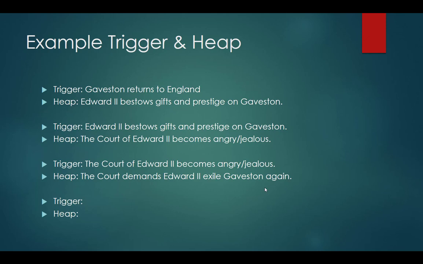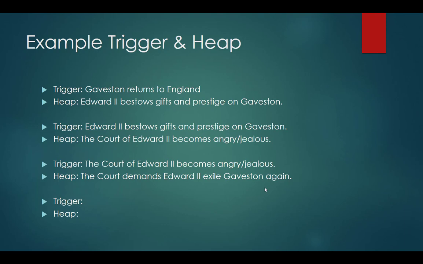There's one action there. But if you look closely, if you continue along with this thread, that heap of Edward bestowing gifts on Gaveston because he's come home becomes a trigger for something else. When Edward II bestows those gifts on Gaveston, it causes his court, Edward's court, to become angry, jealous, right?